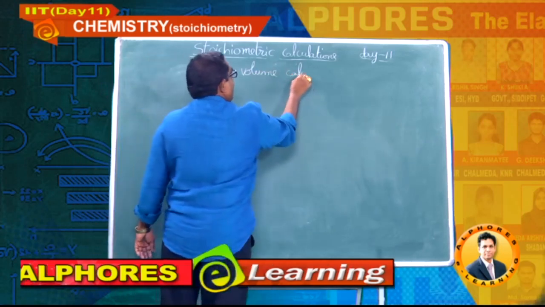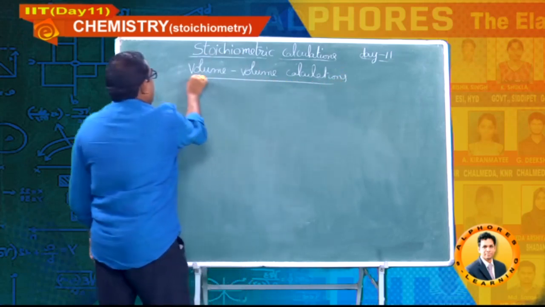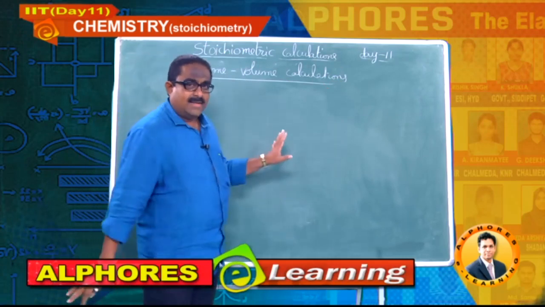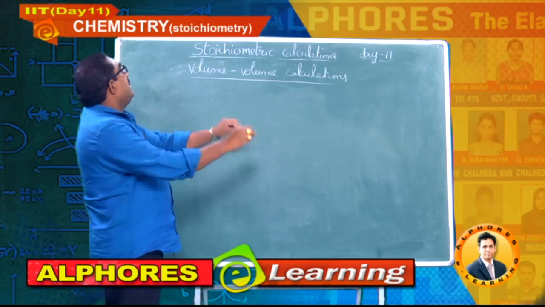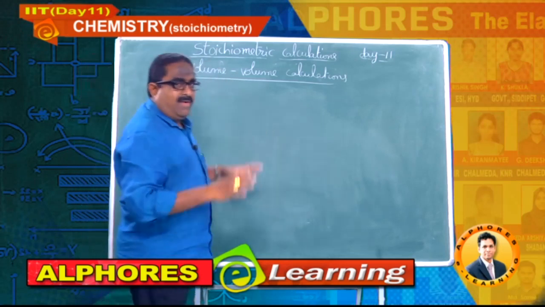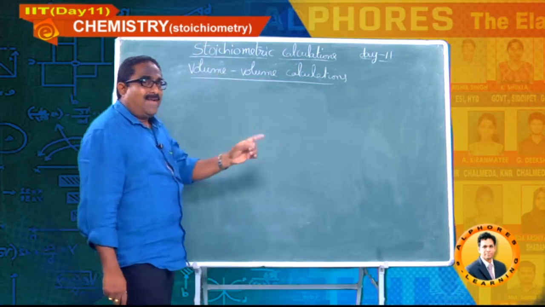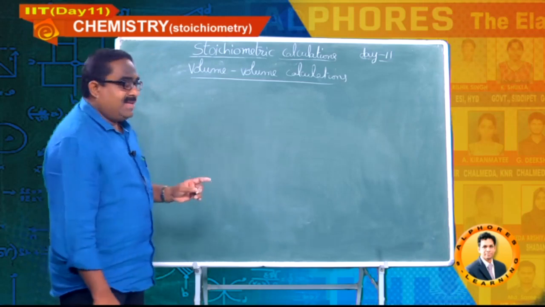volume calculations. These types of calculations are very important and moreover very easy if you are able to understand them in the proper way, that is Gay-Lussac's law of combining volumes and Avogadro's law.